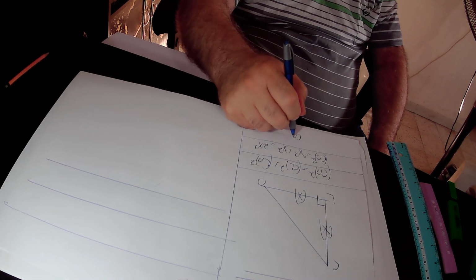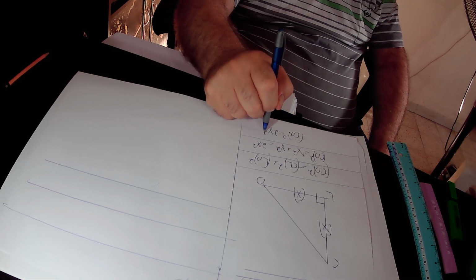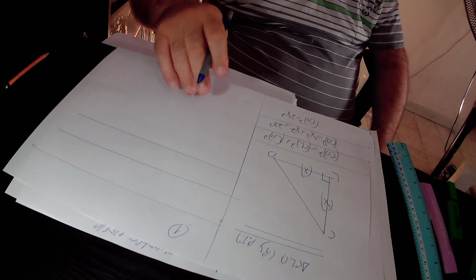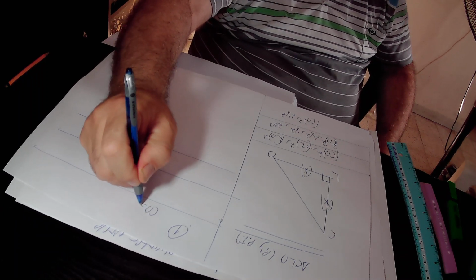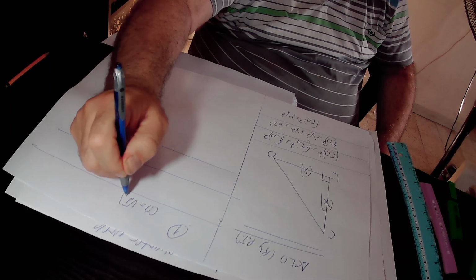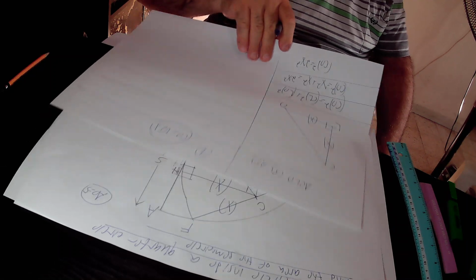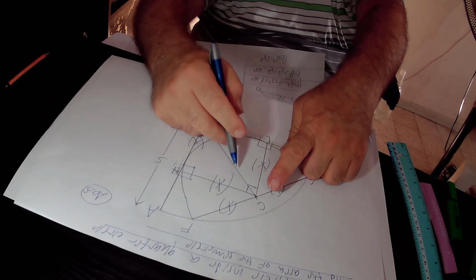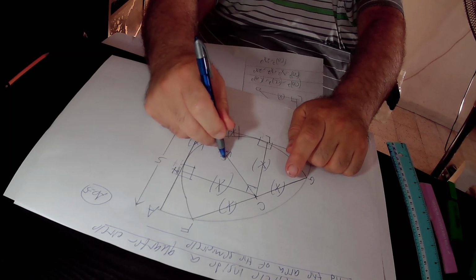So CO squared equals 2x squared. Here we take the square root of this equation and finally we get that x inside CO is equal to the square root of 2 times x units.